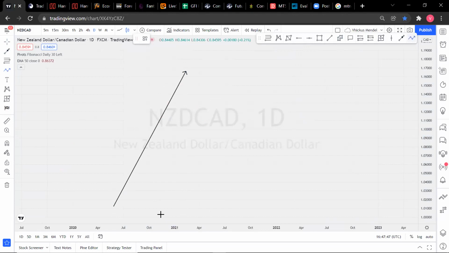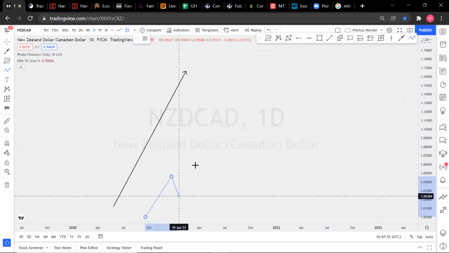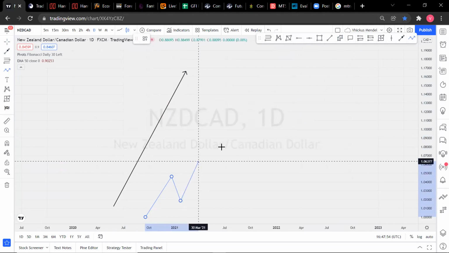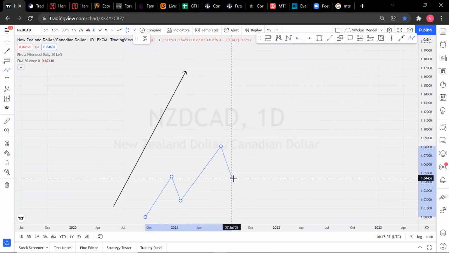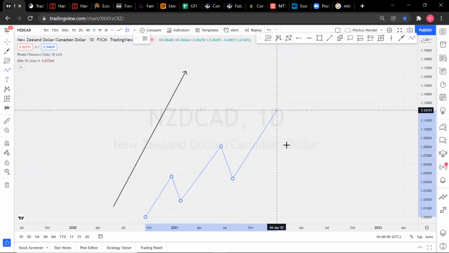This is how you see the bullish market: swing high, swing low, a swing high, a swing low, another swing high, swing low, swing high, swing low.